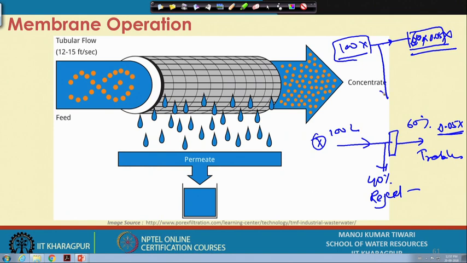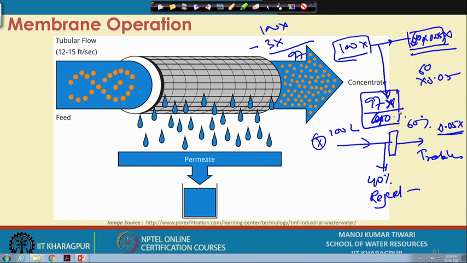If we multiply 60 with 0.05, this becomes 3x. So 100x minus 3x means 97x mass has come to the reject side, and this 97x mass is in just 40 liters of water. If you divide by 40 liters, we can get the concentration that way.